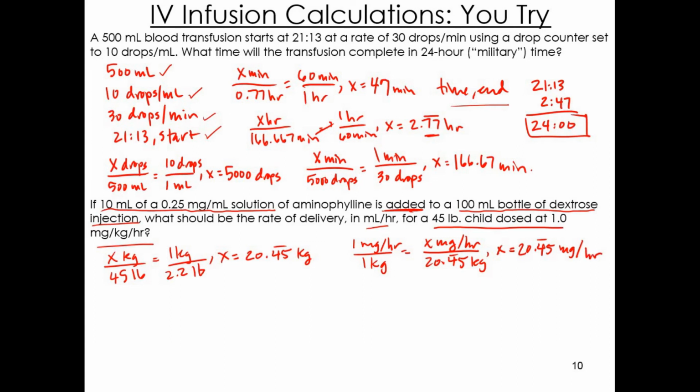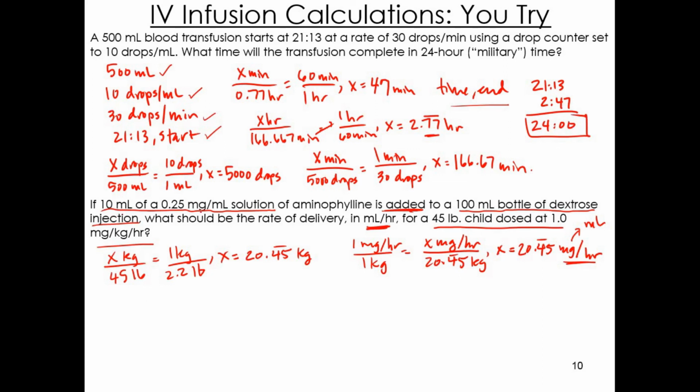Okay, so next we can calculate what's the concentration of drug that's in the IV solution. We need to do that because we don't want milligrams per hour, we want mils per hour, and so using a concentration like mgs per mil will allow us to convert the milligrams to mil here. So the concentration is not directly given to us.